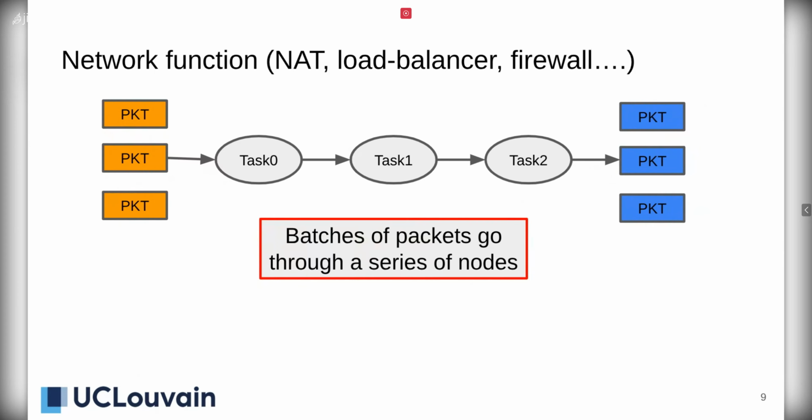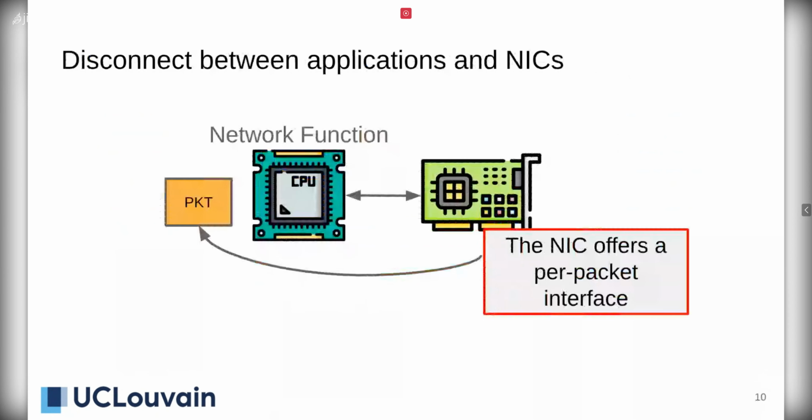What you should do is separate the application into sequential tasks, receive a batch of packets, and have this batch go through the different tasks one by one. So what you want for network functions is batching to increase performance.